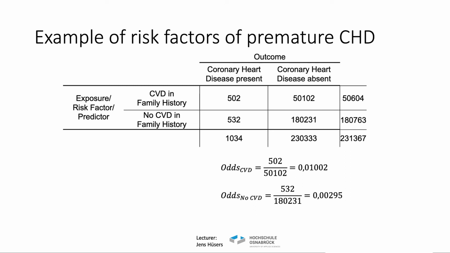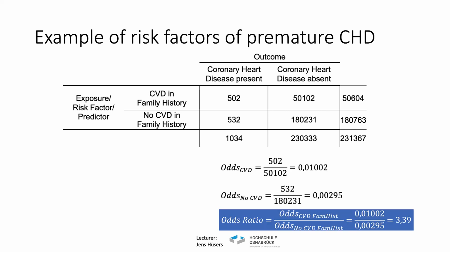But now, appreciate that the odds account for the imbalanced group sizes and that we can compare odds for both groups directly. The odds of CHD is higher for individuals with family cases than for non-exposed subjects. To quantify the relationship with respect to the odds, we again calculate a ratio, this time the ratio of the odds, which is 0.01 divided by 0.0029.